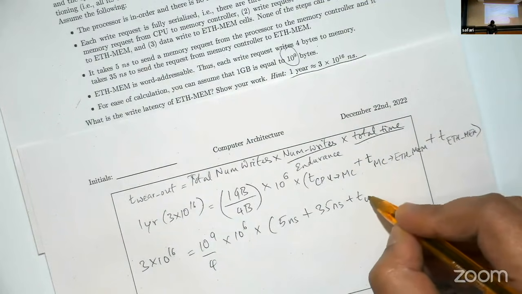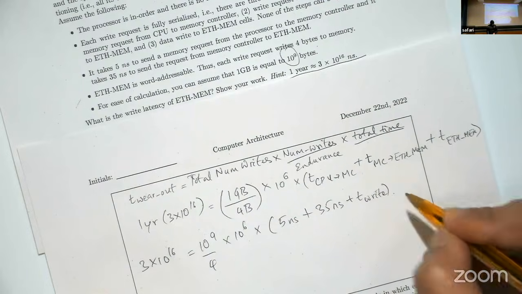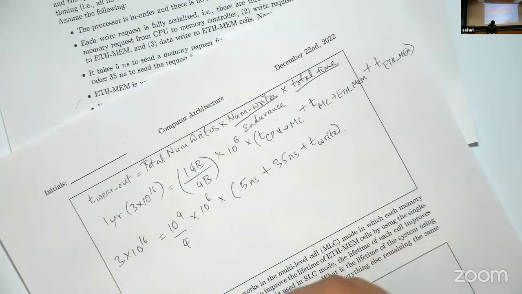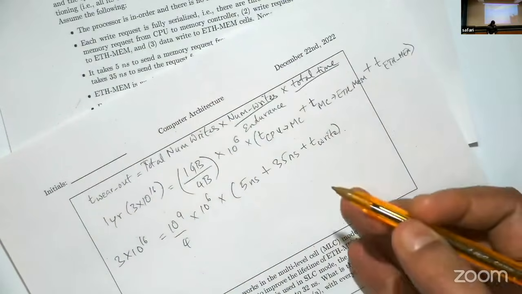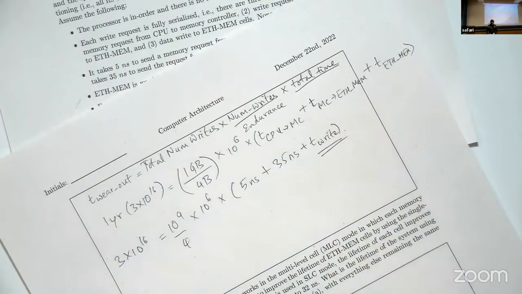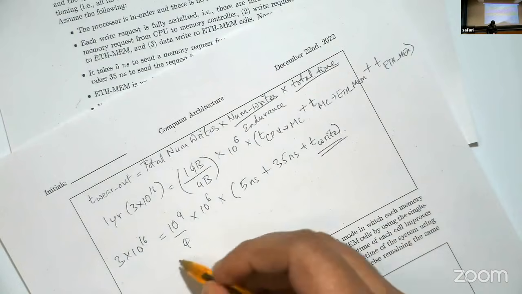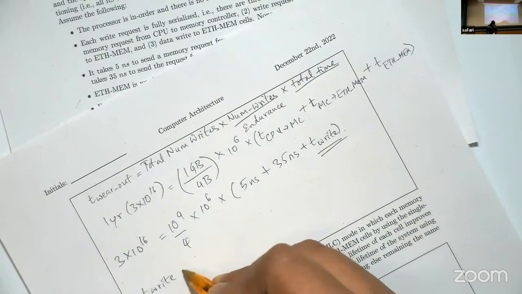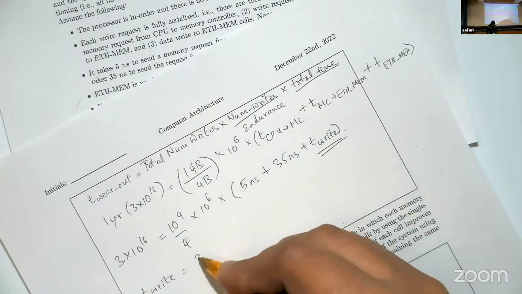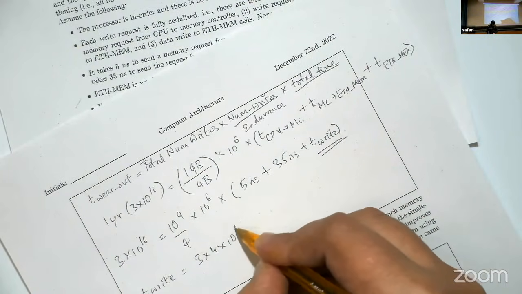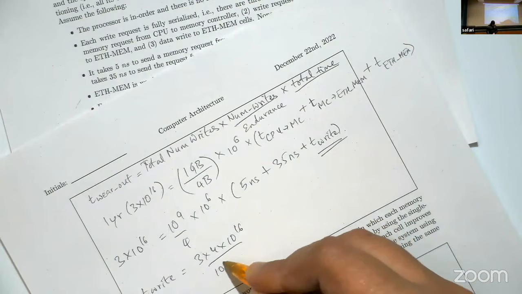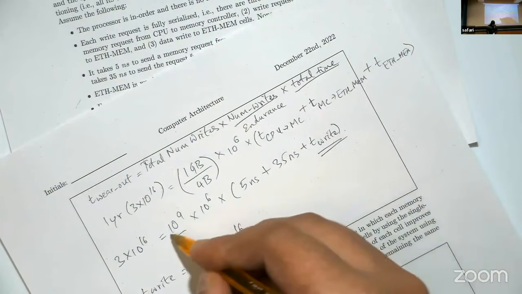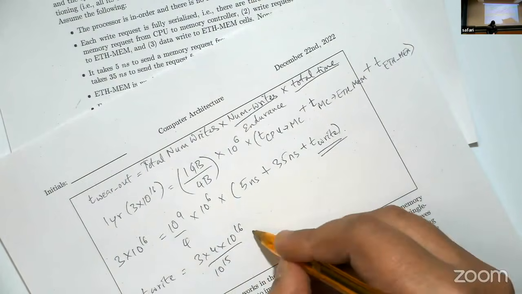I'll write it as T write. So we have to find T write, and T write is equal to 3 into 4 into 10 to the power 16 divided by 10 to the power 15, because I multiply these two, minus 40.